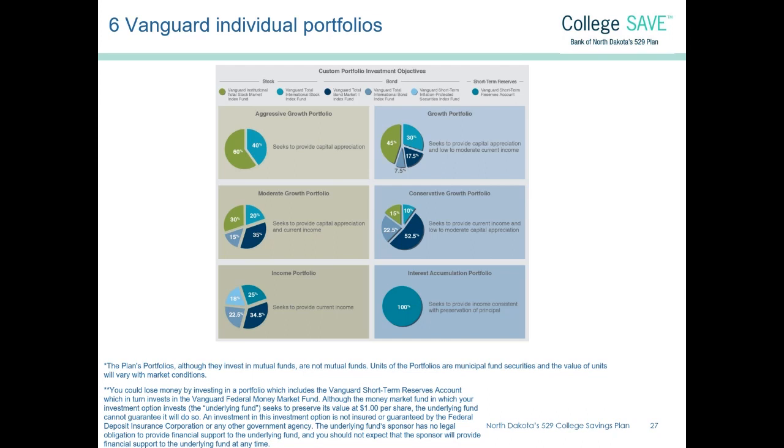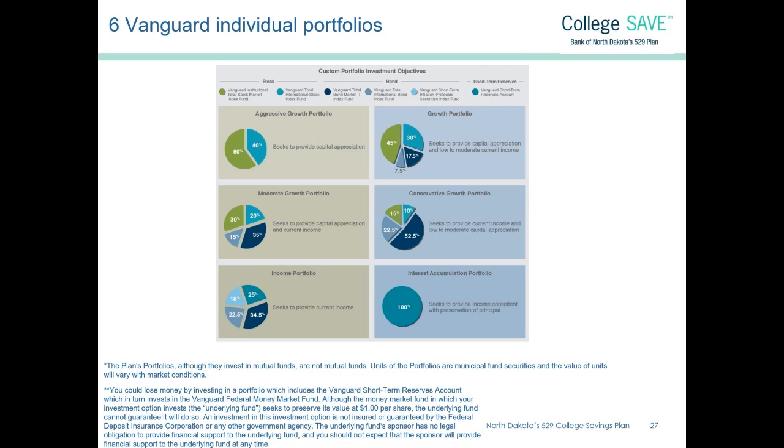To the upper left is the aggressive growth portfolio. That 60-40 split is showing you that 60% of your 100% stock portfolio, right? This is 100% stocks. 60% is in Vanguard's institutional total stock market fund. That means it's invested in the United States, and 40% is in international stocks.